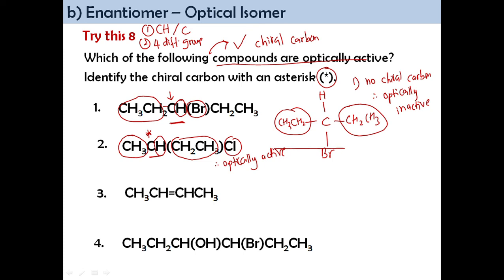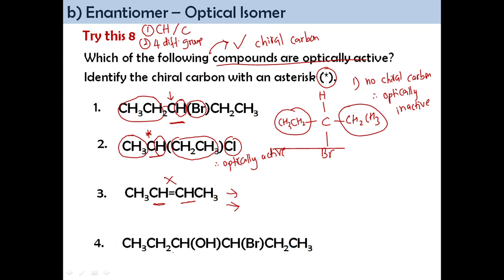Okay, what about compound number 3? Okay, saya kata cari CH ataupun C kan? Adalah CH dengan CH, tapi this is not a single bond. Okay, ingat balik tadi syarat dia mesti single bond. Jadi ini memang tak ada chiral carbon lah. Jadi your answer no chiral carbon, optically inactive.